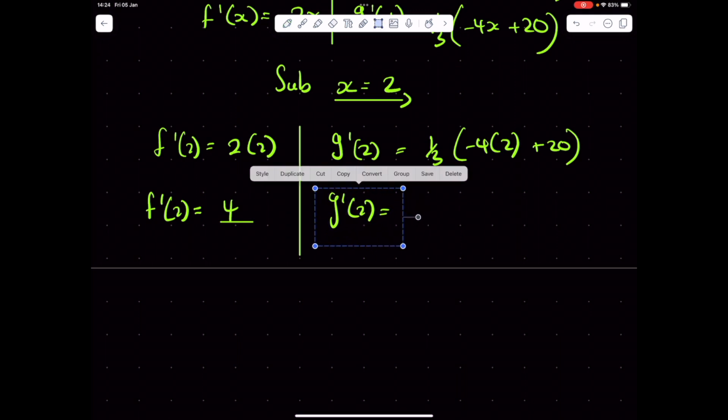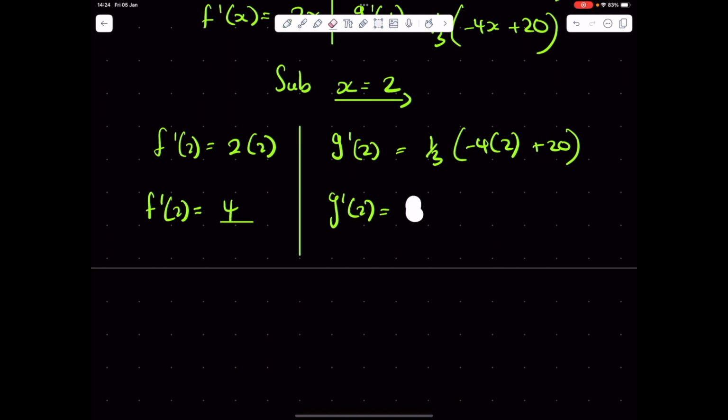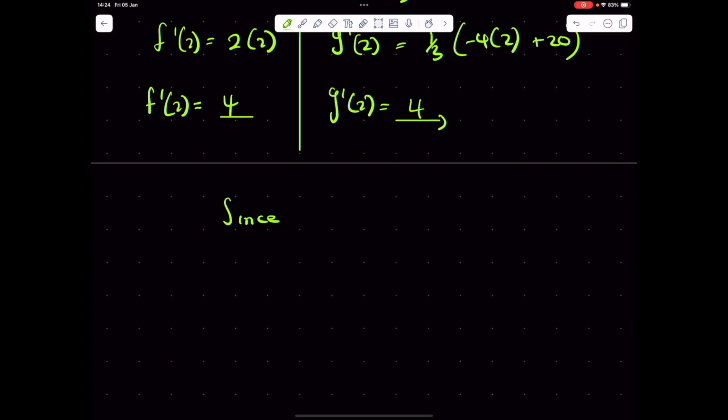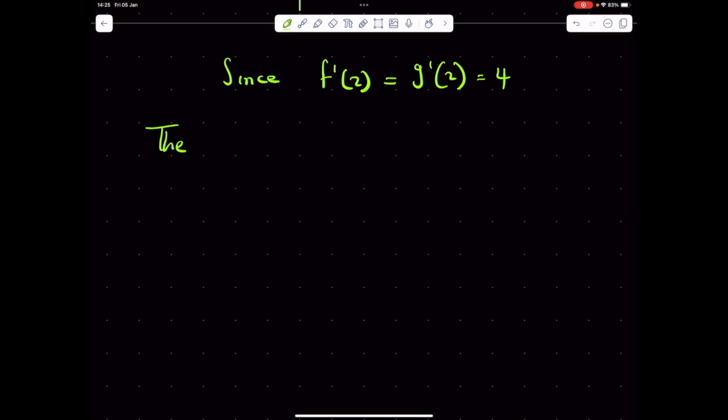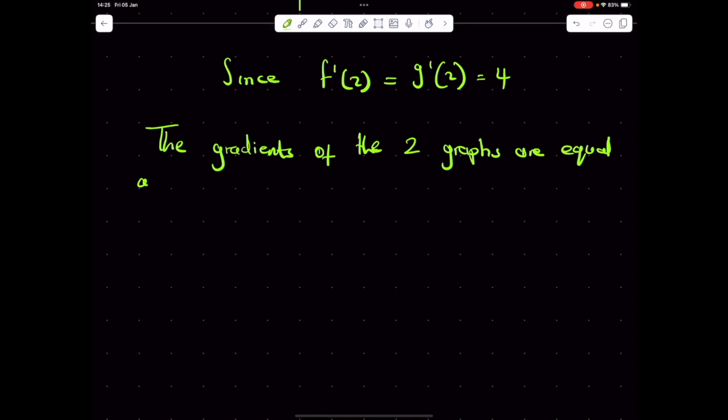So this is just going to give you 4. Now, since f prime of 2 is equal to g prime of 2, which is equal to 4, the gradients of the two graphs are equal at B. Okay?